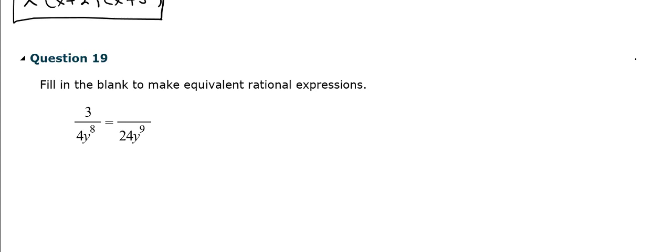Now, what we're heading to is adding and subtracting fractions, so we need to get a common denominator. So we have 3 over 4y to the 8th equals, and we have a blank in the numerator, and our denominator is 24y to the 9th. So I'm just going to rewrite that, giving myself a little bit of space.